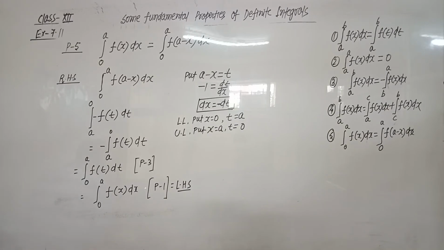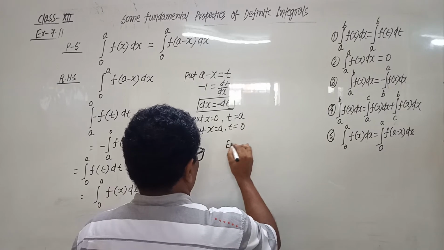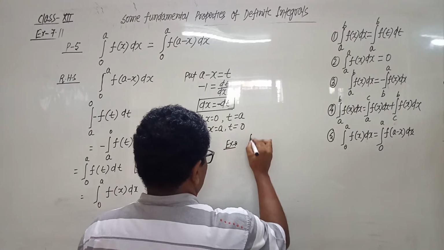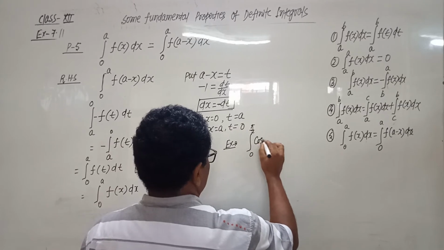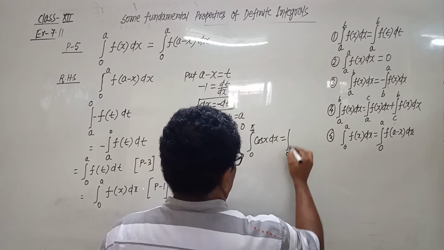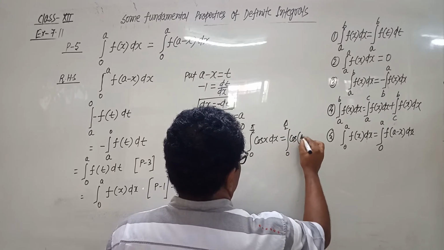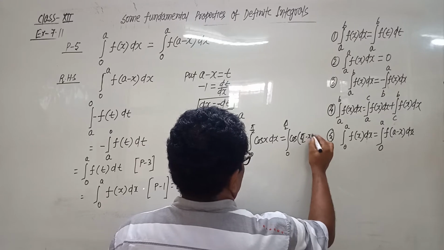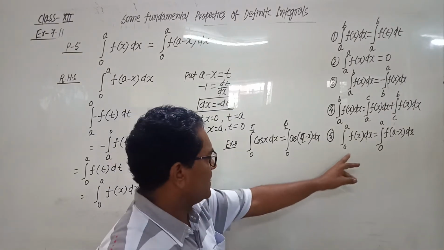Now the examples based on this property. Integration 0 to pi by 2 of cos x dx is equal to integration 0 to pi by 2 of cos(pi by 2 minus x) dx. We are using the same property.